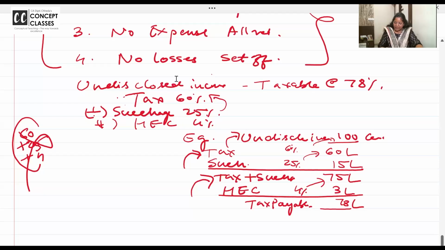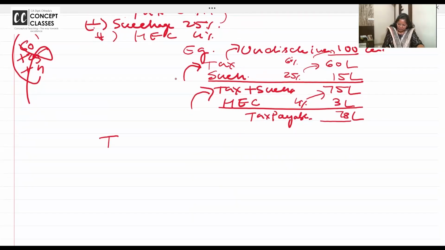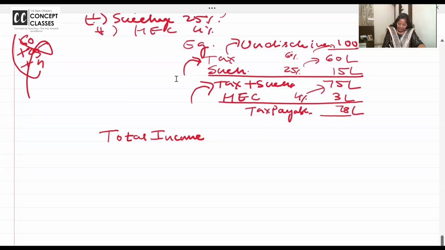Undisclosed income is taxed at 60%. So 60% tax is on total income. Surcharge 25% is on tax. Health and education cess. I want all of you to write this as a booster note. And sketch and paint it as much as you like. When you use different colors and color pencils, it reduces your stress, so you enjoy the learning more.